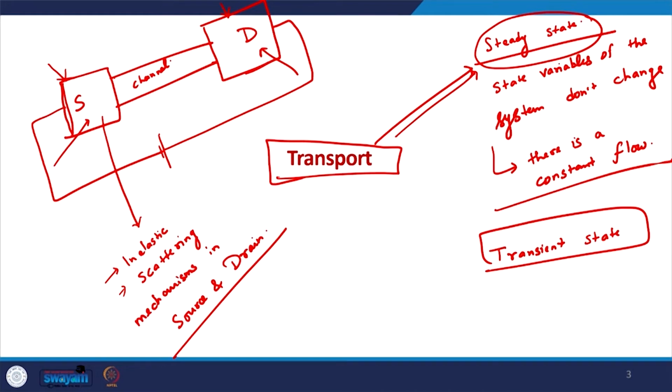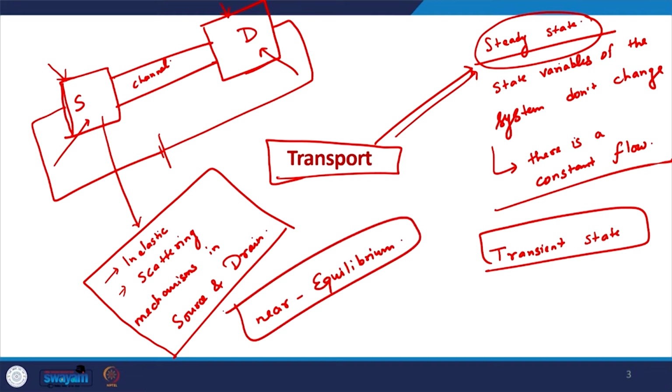And because of the inelastic scattering, the state of electrons in the source and the drain is quite near to equilibrium. So the state in source and drain is maintained near equilibrium because of the inelastic scattering mechanisms.